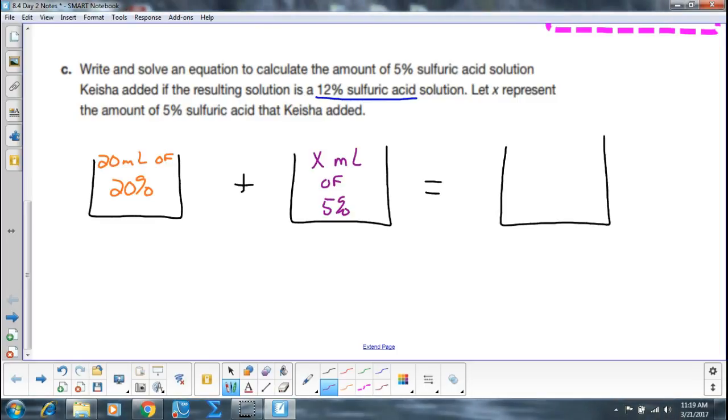How many milliliters are going to be in that one? X plus 20. And we want that one to be of what concentration? 12%.